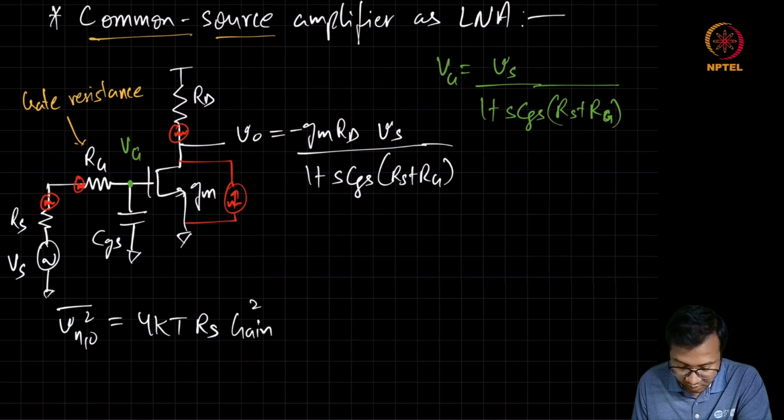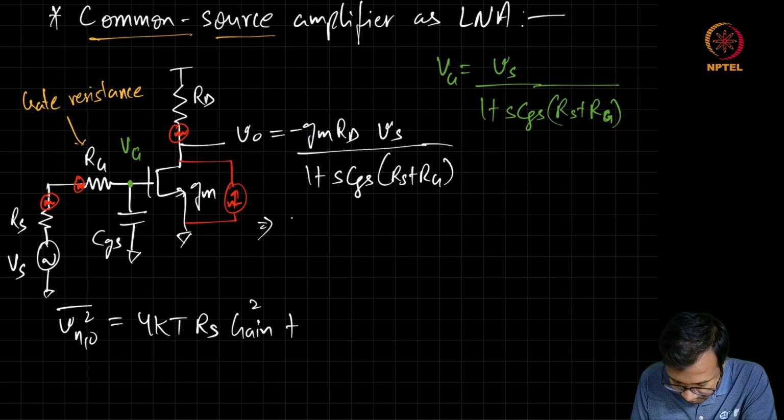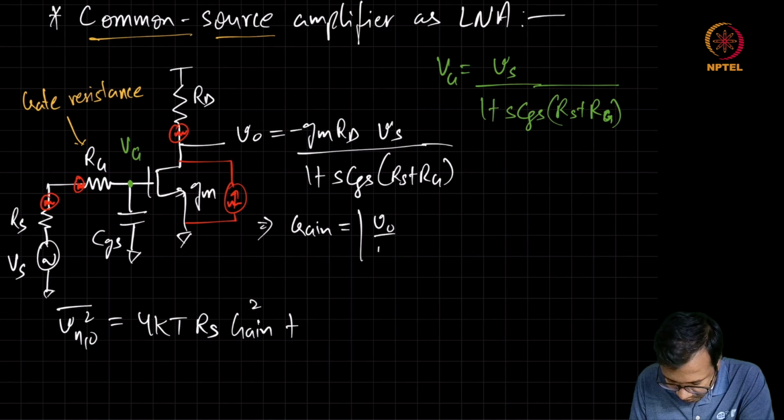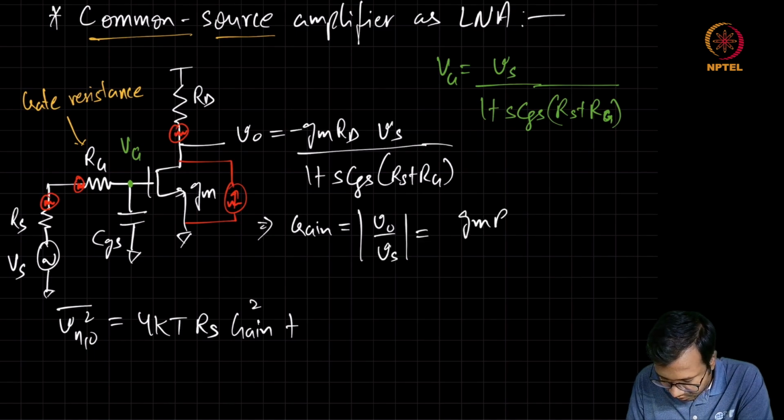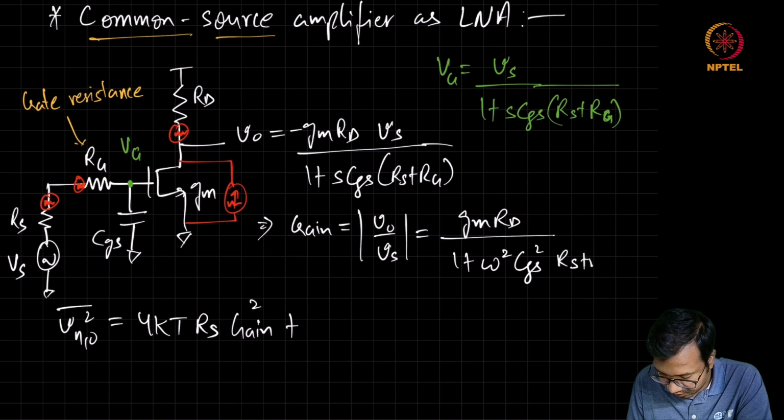This gain is squared, and this gain we know is VO by Vs, which is GM RD divided by 1 plus omega square CGS square (Rs plus Rg).